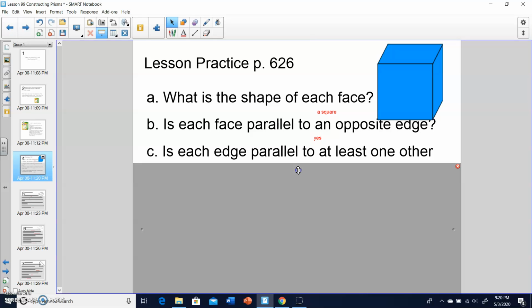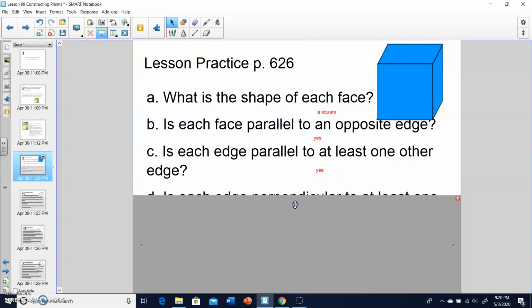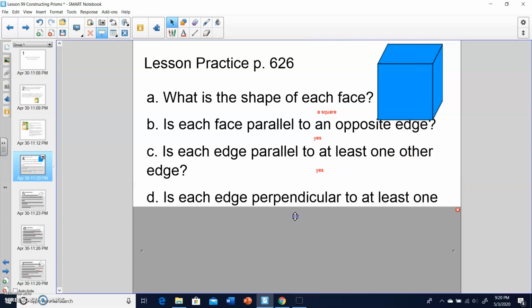Is each edge parallel to at least one other edge? Yes. Is this edge parallel to this edge? Sure. Is each edge perpendicular to at least one edge? Here we have an edge, and if you look carefully, it is perpendicular to this edge. So, yes.